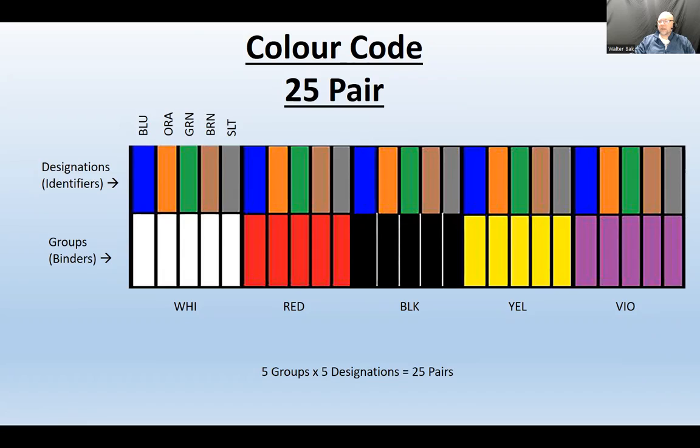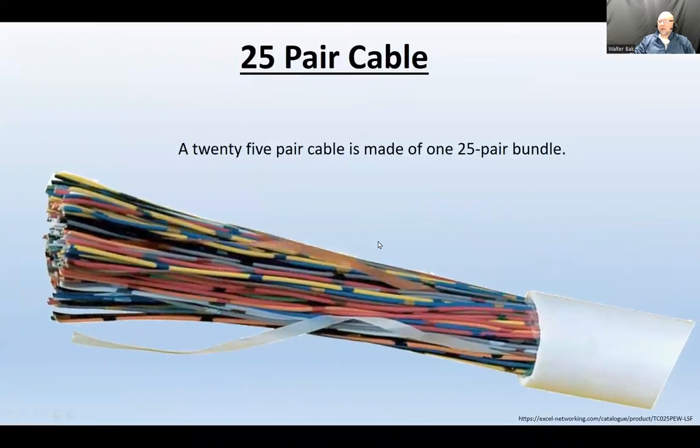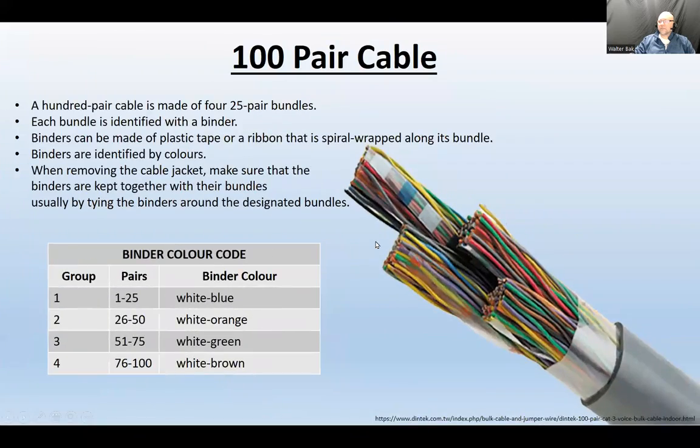So here's the thing. Here and here, that's what 100 pair cable looks like. Of course, obviously it's thicker. And you can see the different color ribbons spirally wrapped around those. So this would be the bundle indicator ribbons.